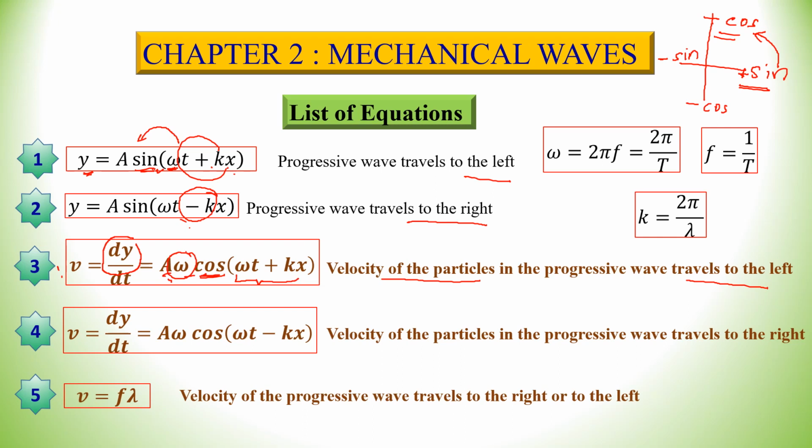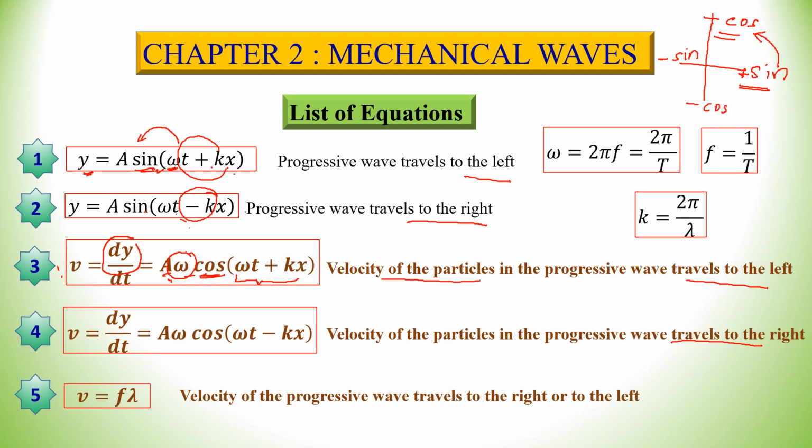Next, how to calculate the velocity of the particle in the progressive wave which is travel to the right. Refer to equation number 2. Equation number 2, we have a sine omega t minus kx. So first, we differentiate y, refer to t. So constant t kat sini omega.